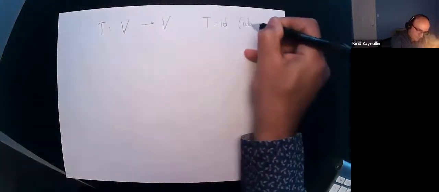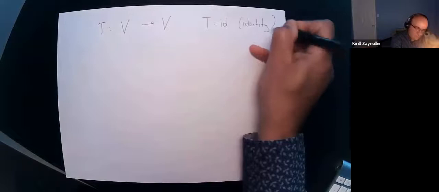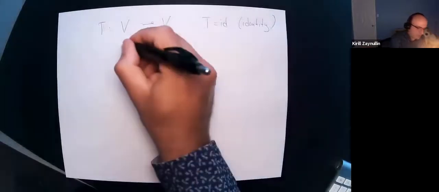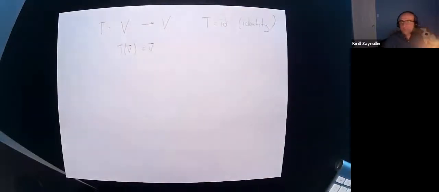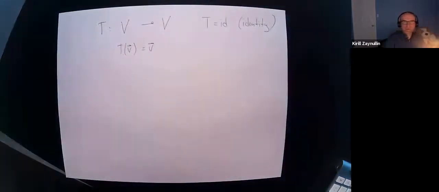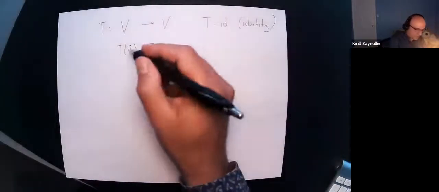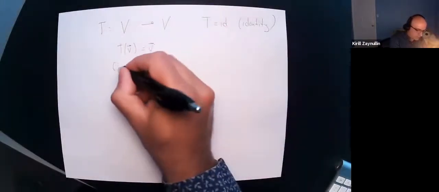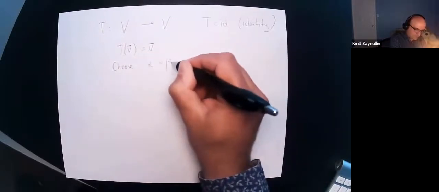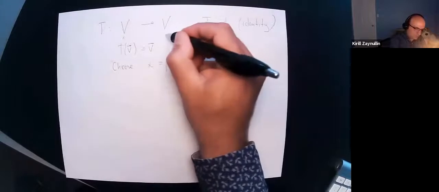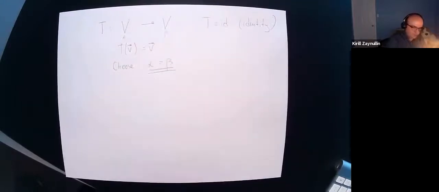Let me remind you, it just sends any vector to itself. So it does nothing. Then what will happen with the coefficients? You can choose a basis, say alpha is beta. So here's alpha, here's beta, and it's just the same basis.